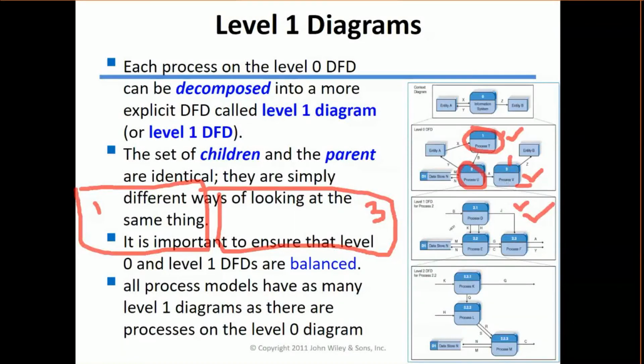But it is possible that at level 1, one process is that simple that it doesn't need further decomposition. So meaning to say, let's suppose this process 2.2 goes to level 2 for further decomposition, but maybe the 2.3 is already clear at this point. It doesn't need to go to level 2 diagram.